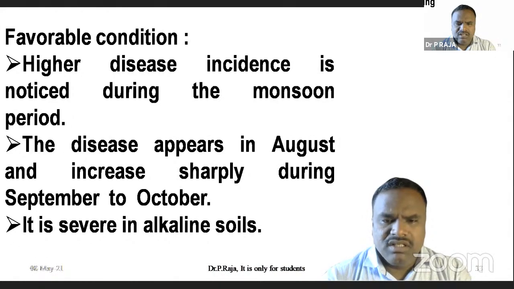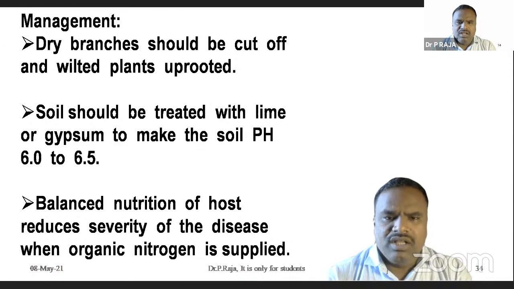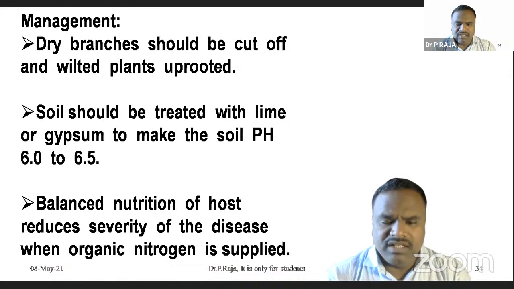For balanced nutrition, you can apply manure like neem cake or farmyard manure, which will improve the health of the tree, and thereby protect it against these pathogens.